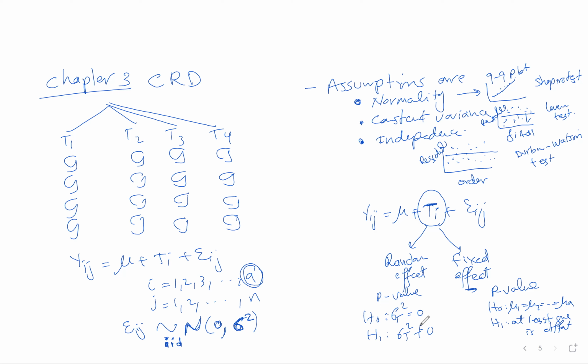This one is independent from the significance level that you used to determine the sample size. Sorry for the confusion. But for the test of hypothesis, mu1 equals mu2 equals mu3, the significance level is the one you used in the very beginning to determine the sample size in the power analysis.